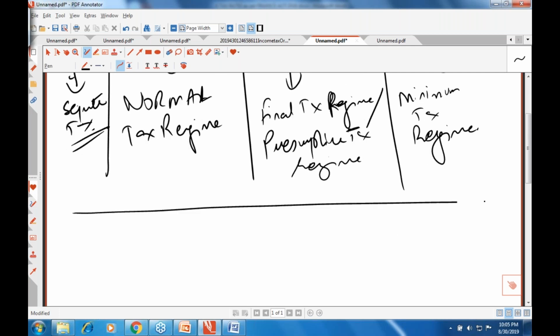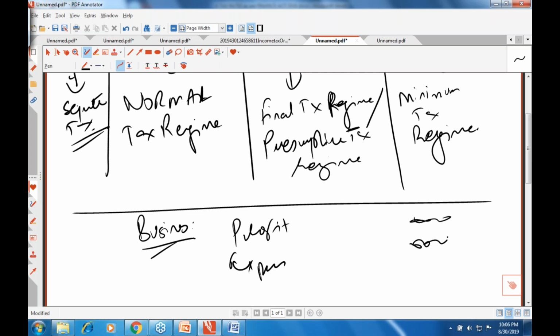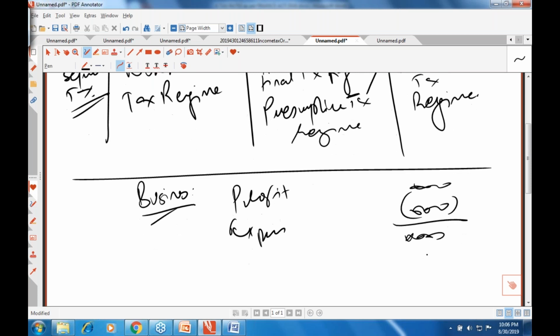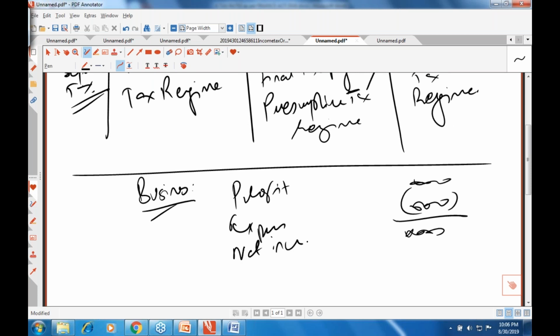A normal tax regime is what we have been discussing up till now. For example, when we computed the income from business, we talked about the concept of profit, and from the profit we deducted the expenses. After deducting the expenses, whatever net amount is available, we pay the tax on it.